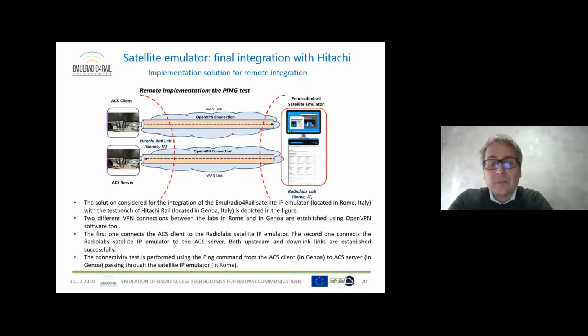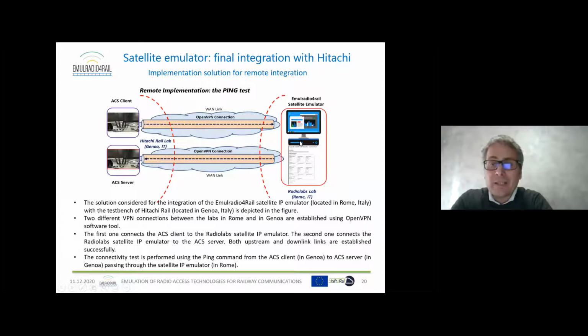Here in this figure we can see the two OpenVPN connections needed to perform this test carried out in a remote way. The first VPN connection is between the ICS client and our emulator, from Genoa to Rome.